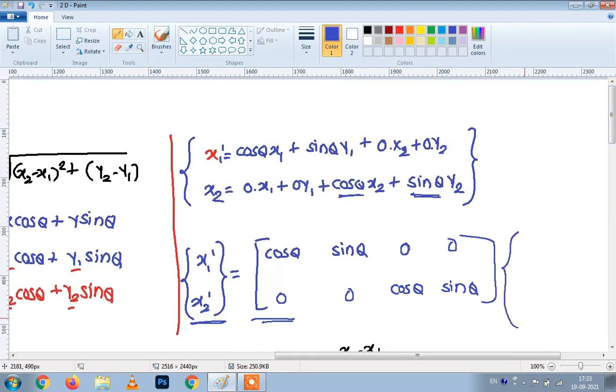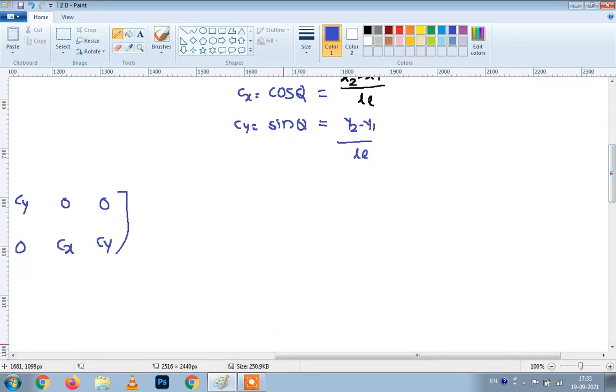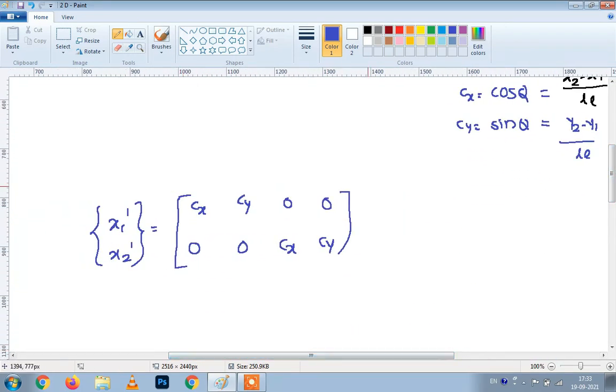I forgot to write here, we have taken the coefficients of x1 y1 x2 y2. So the same vector x1 y1 x2 y2 is repeated here. So this is the relation that we are getting.